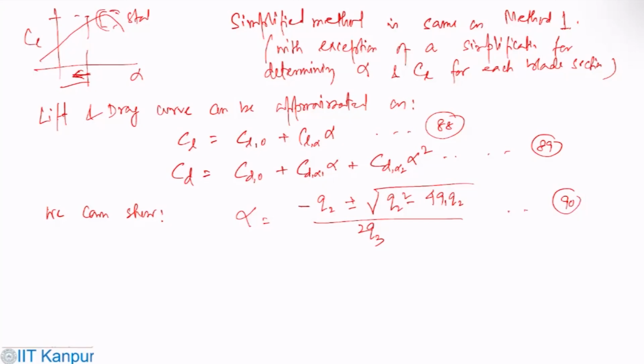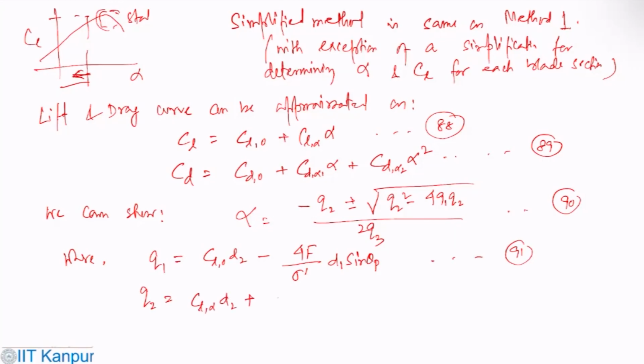Okay, so where you have Q1 equals CL naught D2 minus 4F by sigma prime D1 sine theta P. You have Q2 equals CL alpha D2 plus D1 CL naught minus 4F by sigma prime D1 cos theta P plus D2 sine theta P. Okay.